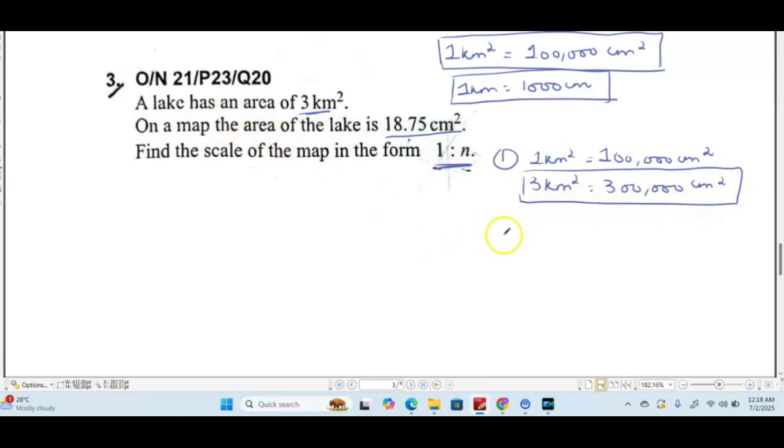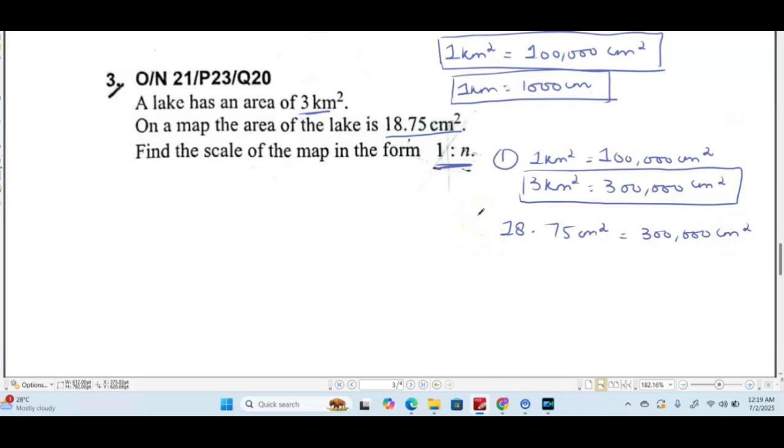Now on the map, the area of the lake is 18.75 centimeters square. This means that we've got to convert this into 1 centimeter square. 18.75 centimeter squares is equal to 300,000 centimeter square.